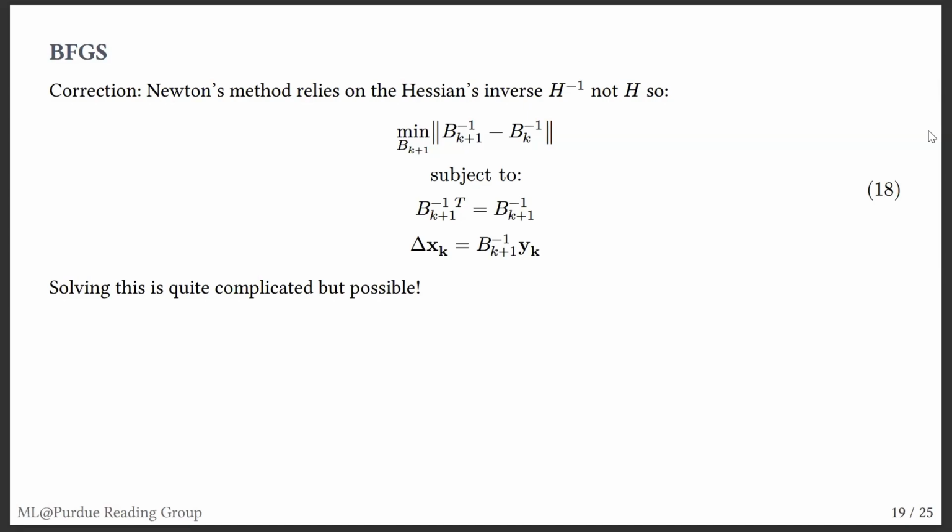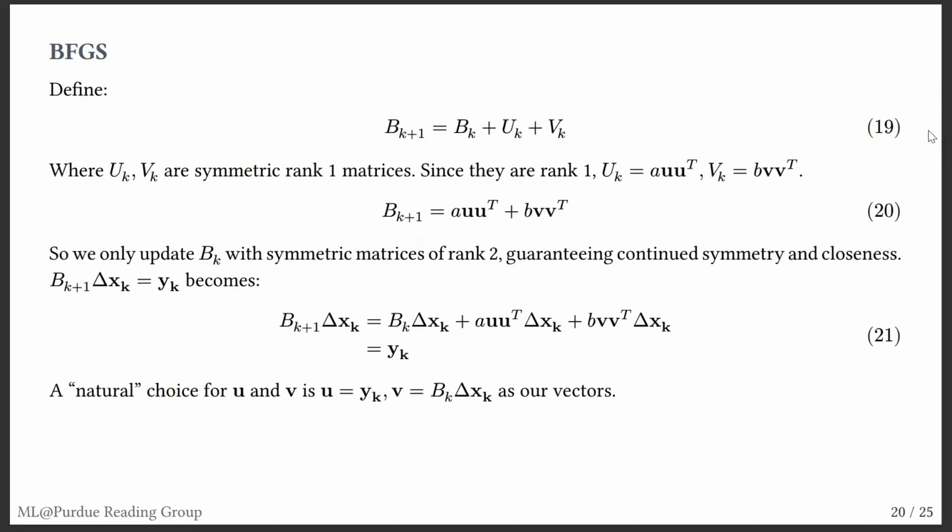Essentially, that's what we're going to try to solve: how do we get B_{k+1} given B_k, the change in x, delta x_k, and y_k. So we're going to first define, and this is actually one of the main ideas of BFGS, that we're going to update B_{k+1} with two new matrices.